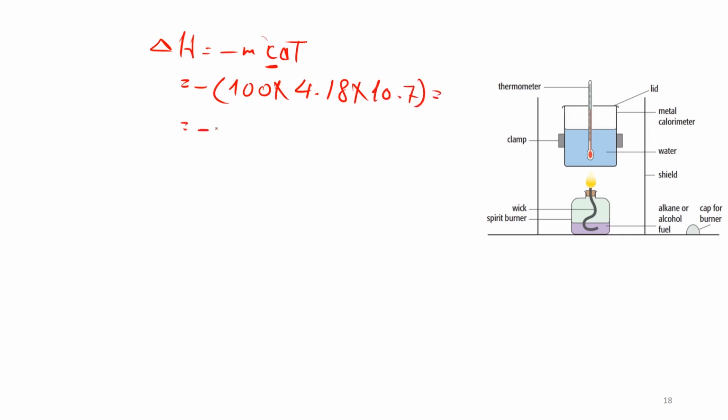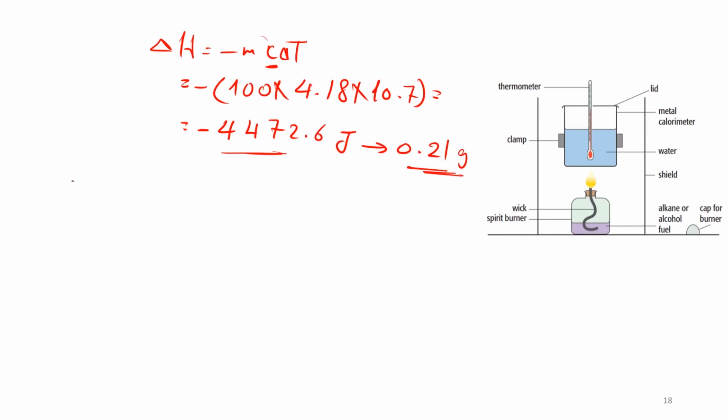So this will be equal to minus 4,472.6 joules. Now this amount of energy is released when I burned 0.21 grams of propanol. How much energy would be released for 1 mole of propanol?